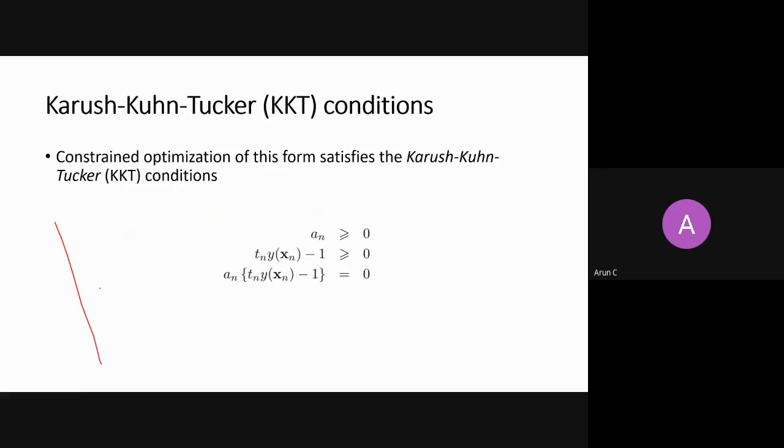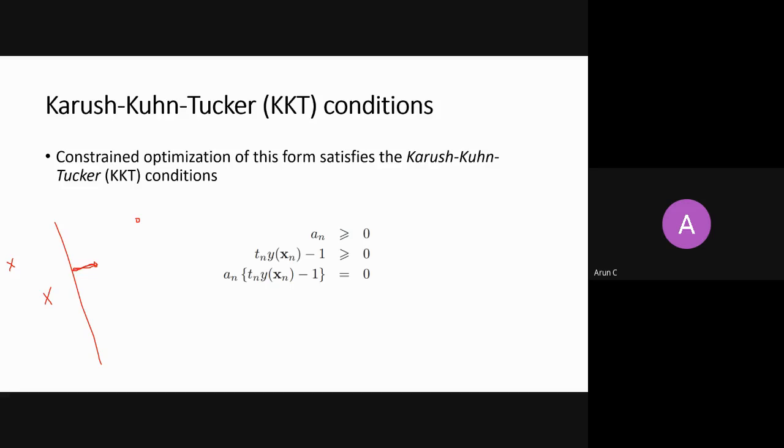See this picture to make it clear. Let's say this is my decision boundary and this was the nearest point, and let's say this is some other point somewhere here. What it says is, either your constraints are active. If my constraint is active, it means I am looking at the nearest point.